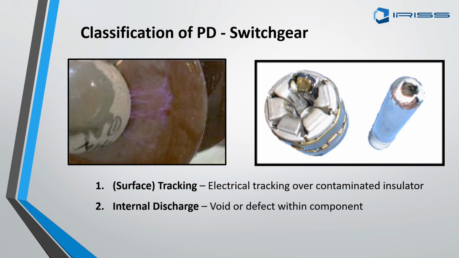The internal discharges, the ones that are happening inside of the insulating material, are much harder to detect. Well, why is that? Well, it's because while they will also generate noise in the ultrasound spectrum, it is an arcing event that's going on inside there, but the energy that's being released, the sound energy, is relatively small, number one.